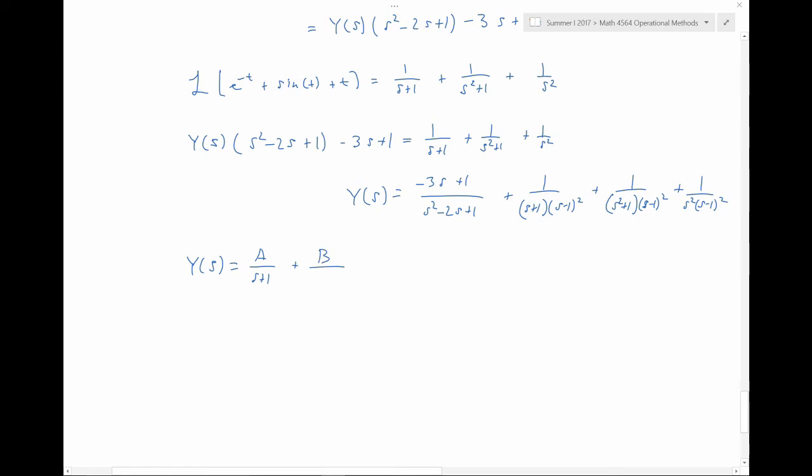We're going to get something with s minus 1, and s minus 1 squared. We're also probably going to get a fraction for the irreducible quadratic. And we're also going to get two fractions for s squared.